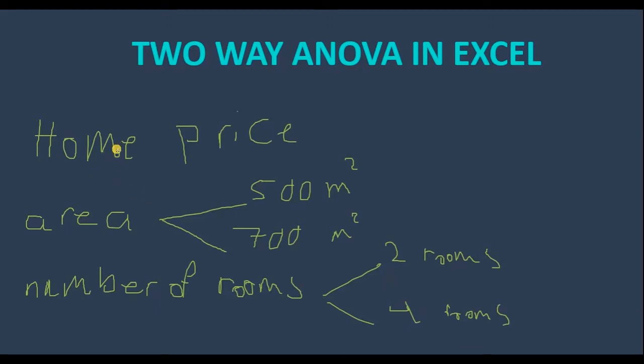Or at least we want to know whether these two factors impact the price or not. So that's what we are going to study. We want to study whether the area or the number of rooms of a house impacts its price or not. Obviously, we have a very simple example here so that you can relate to it and understand.